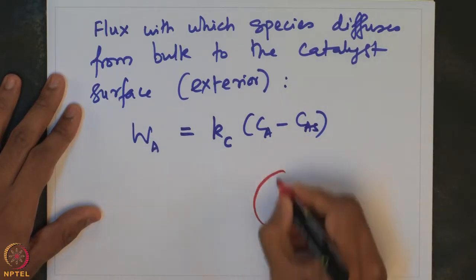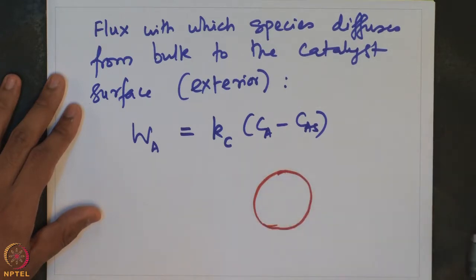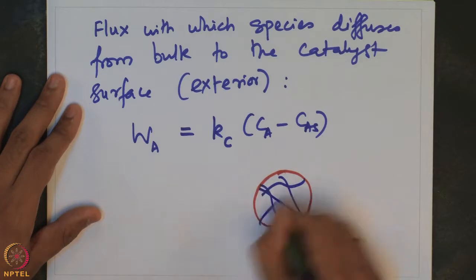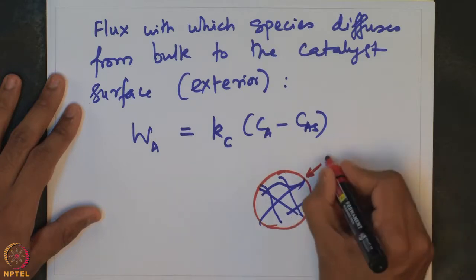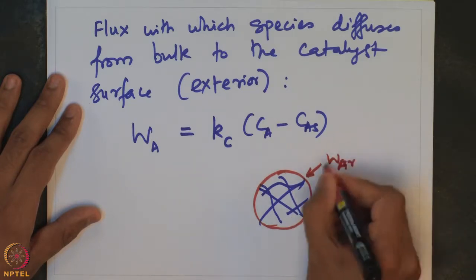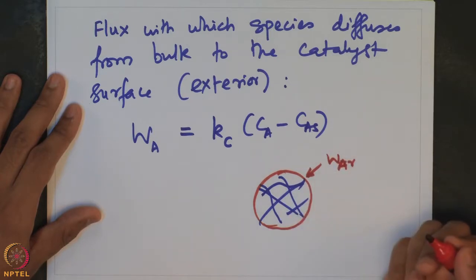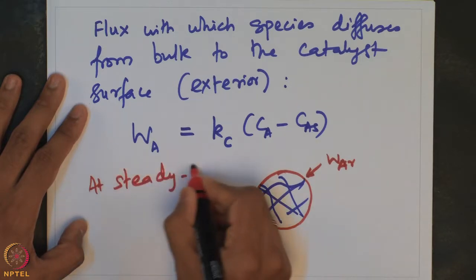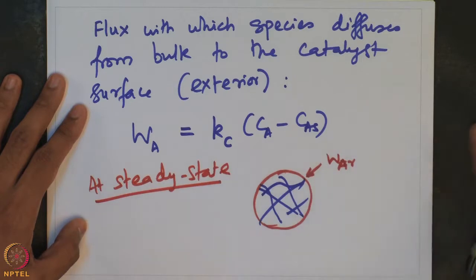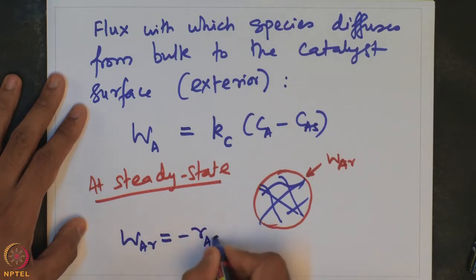catalyst surface. So, here is the catalyst. The flux with which the species diffuses onto the catalyst surface, let us say WAR, is the radially inward flux, and at steady state this flux WAR should be equal to the rate at which the reaction is happening per unit exterior surface area of the catalyst pellet.